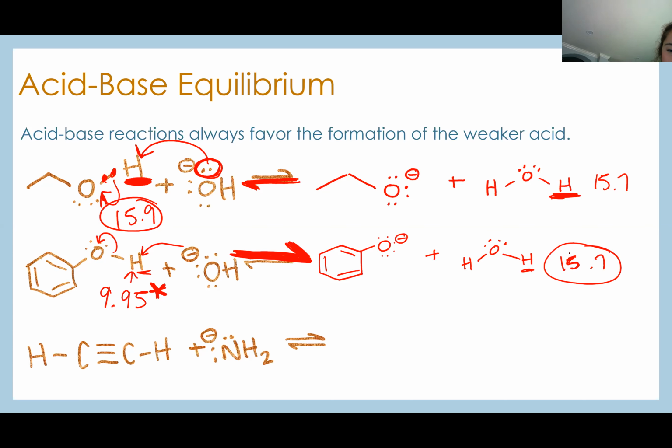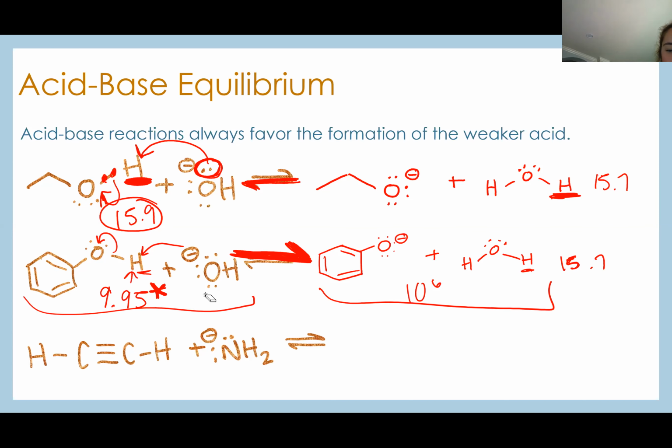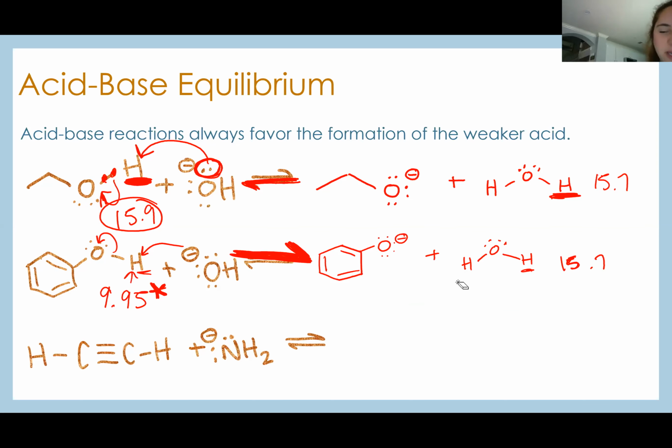So this is about 16 over here, and this is about 10. The difference between those is 6. So there's probably about 10 to the 6th more of these products than what we have over here. I'm never going to ask you to do that, but I'm explaining a little bit about why these pKa values matter.